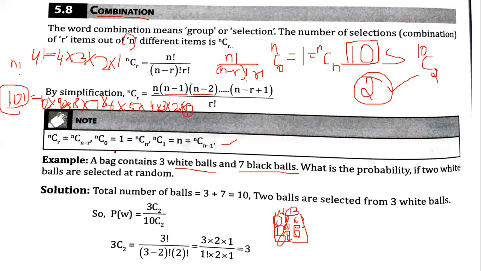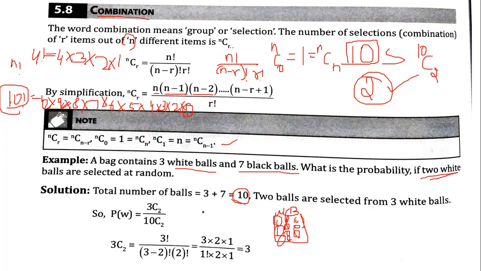In such questions, we will be using the combination. Now, what is the total number of balls? We have 3 white balls plus 7 black balls, so totally we have 10 balls in the bag. Now, out of the total 10 balls, we are supposed to select 2 balls at random.